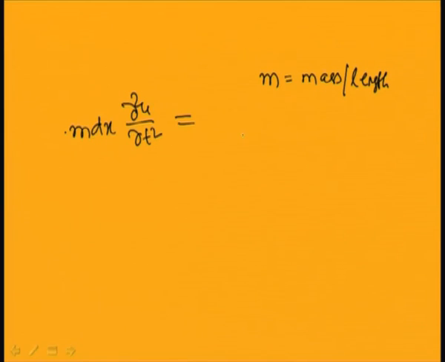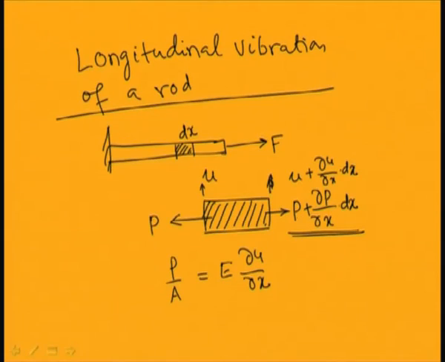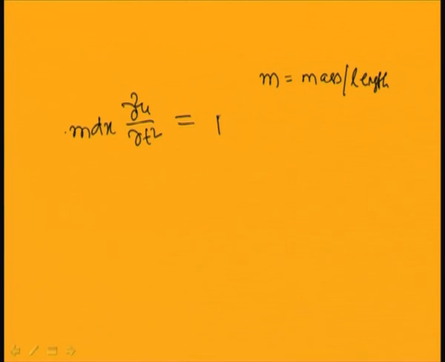This will be equal to the net force acting on the system, which is P plus del P by del x into dx minus P. So this will be equal to del P by del x into dx.